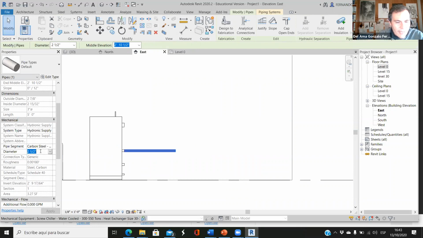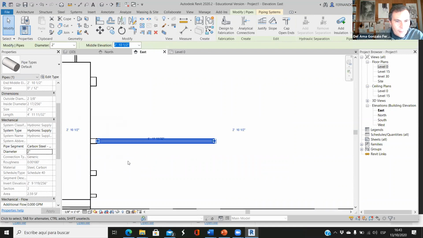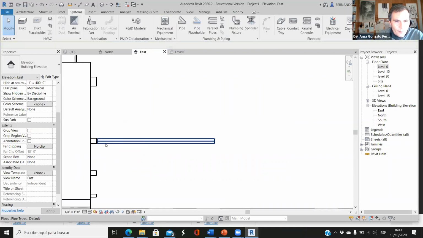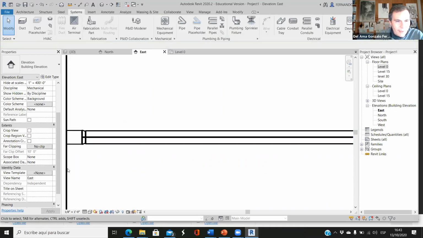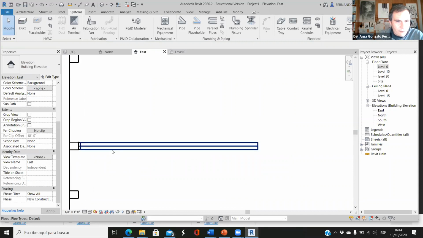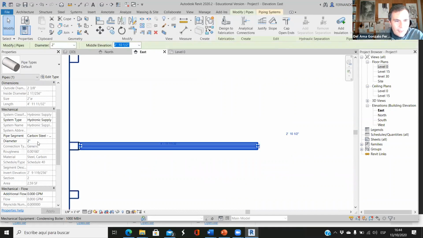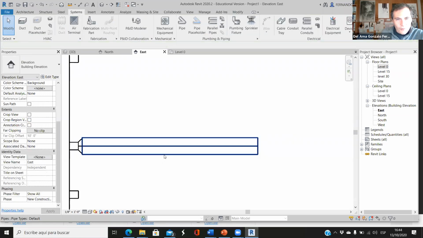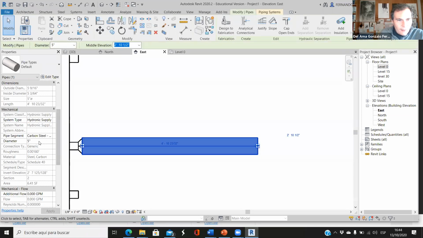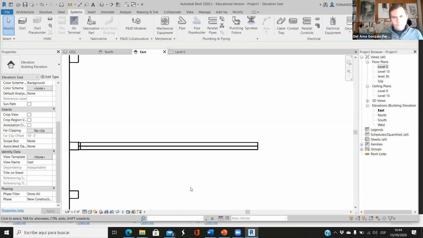Okay, let's use a diameter of 2 inches. We will learn how to calculate the diameter of water pipes, okay? But I think 2 inch is good for now. So we can select this and then the diameter. You can change the diameter if you want, say 5. So you will have a thick diameter, but for these things, 2 inches is more than enough.